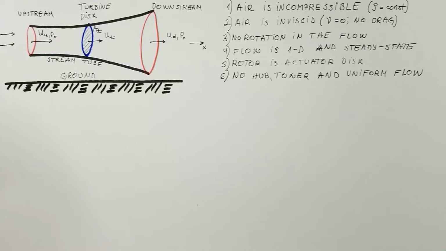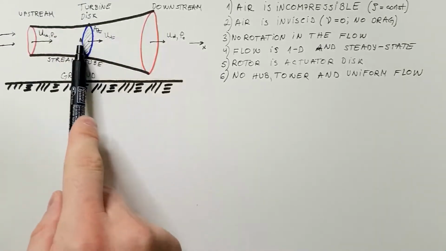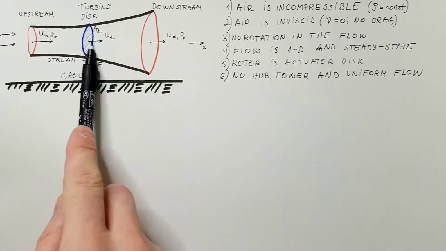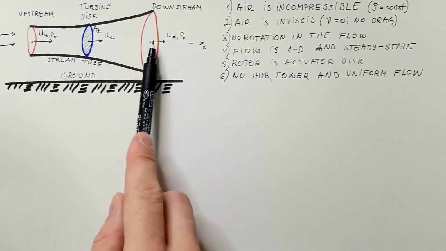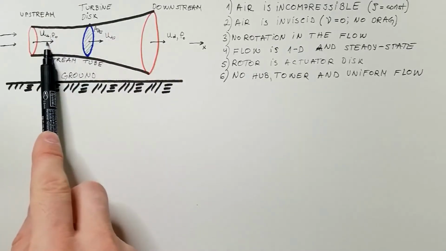First, I would like to address the question, why is this stream tube expanding as the wind is passing through the turbine disk? Well, the answer is the turbine extracts kinetic energy from the wind, which means wind speed downstream is smaller than wind speed upstream.